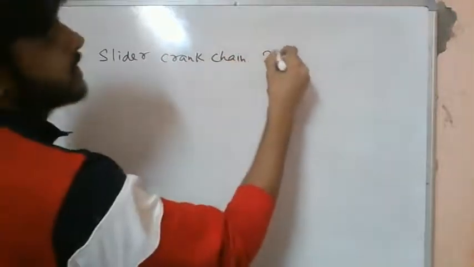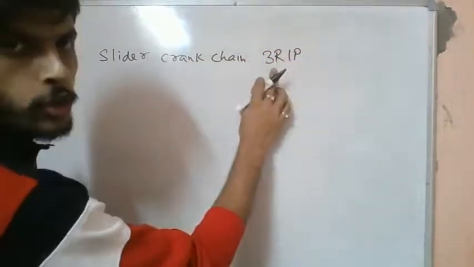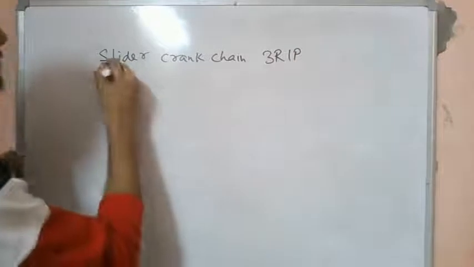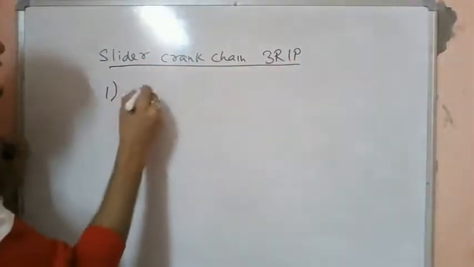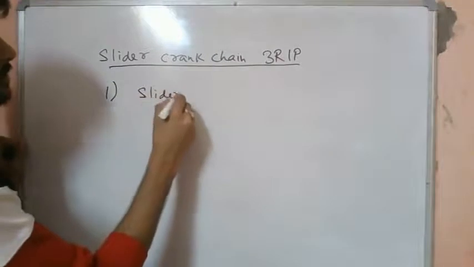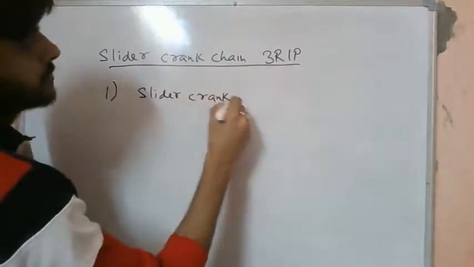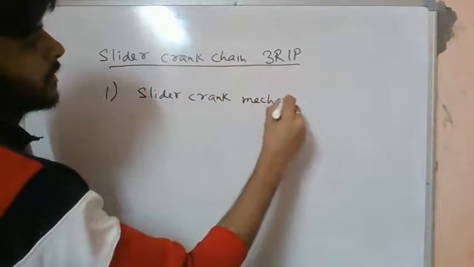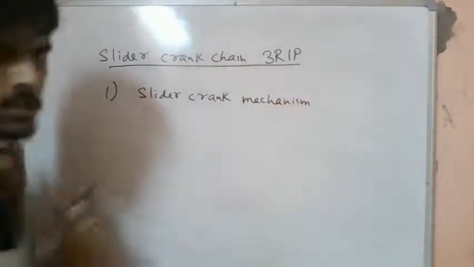This is basically a 3R 1P mechanism, three revolute pairs and one prismatic pair. The first inversion of this is the slider crank mechanism.